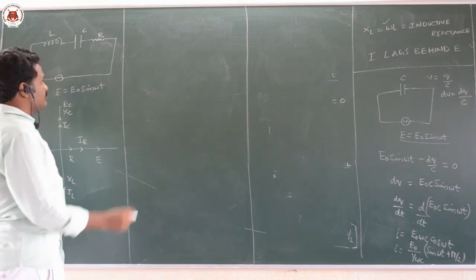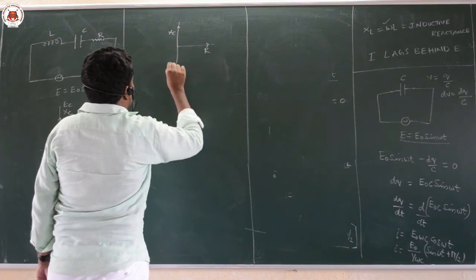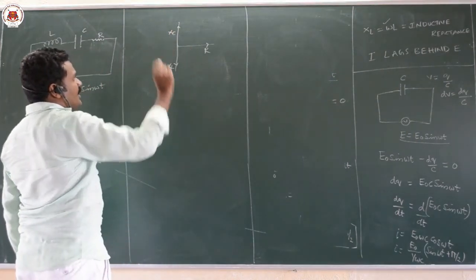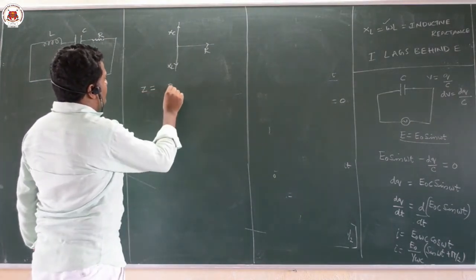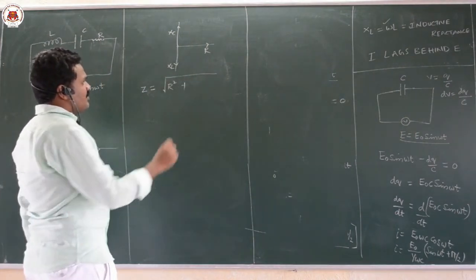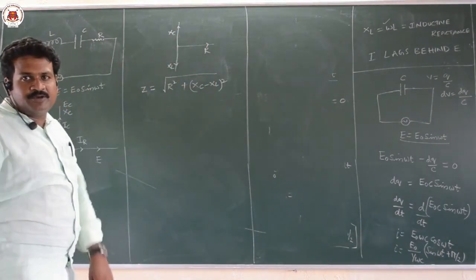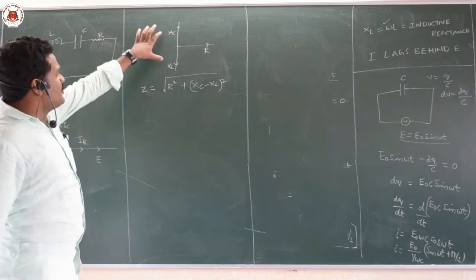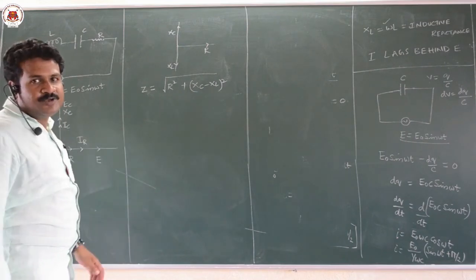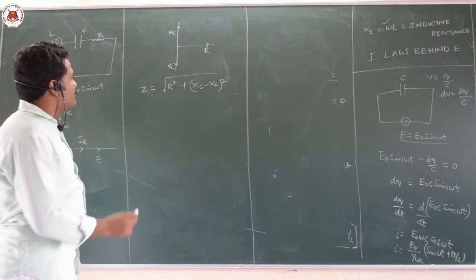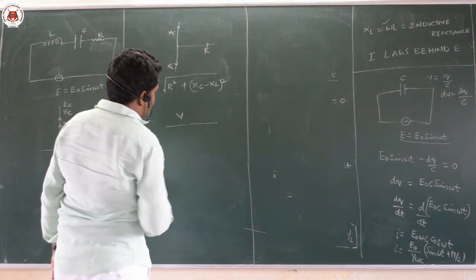Now there are three vectors: R, Xc and XL. These two are acting in opposite directions. These two are opposite vectors, so I can subtract them and get a vector Xc minus XL, which is perpendicular to R. According to the parallelogram law of vectors, I can write Z is equal to root of R square plus Xc minus XL whole square.